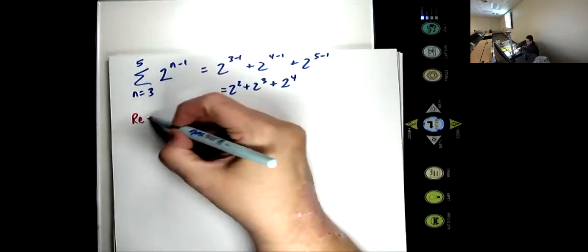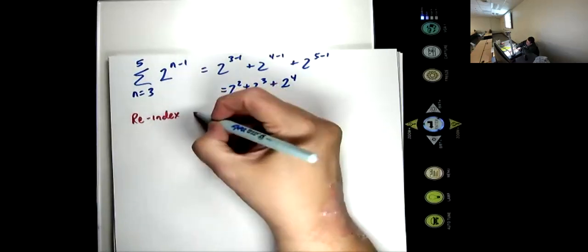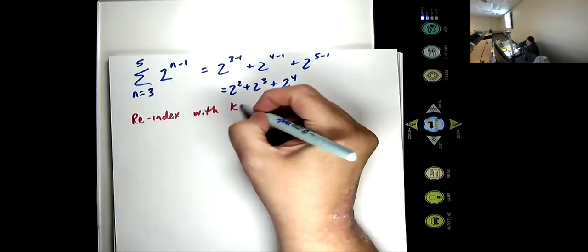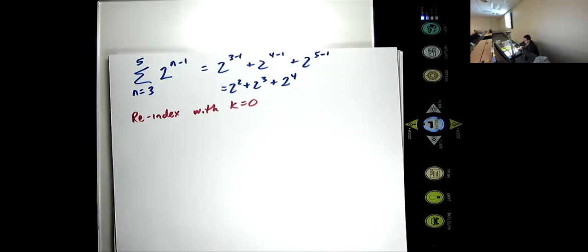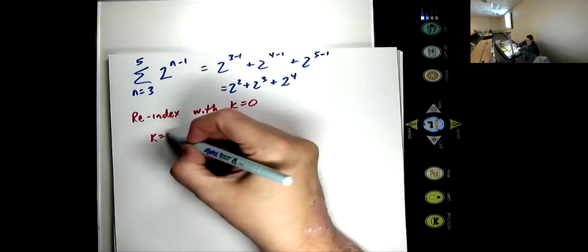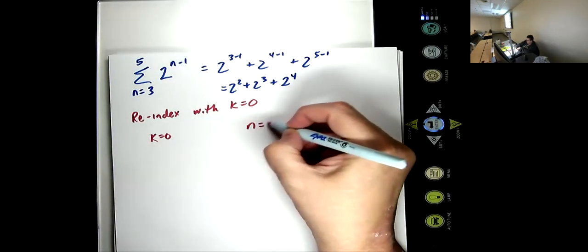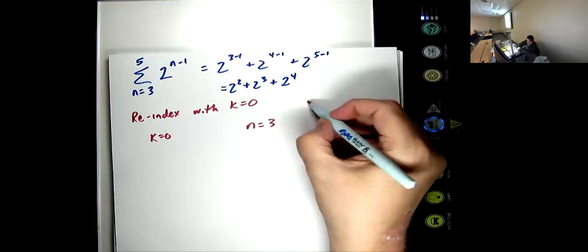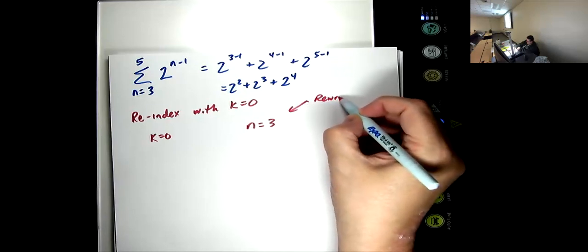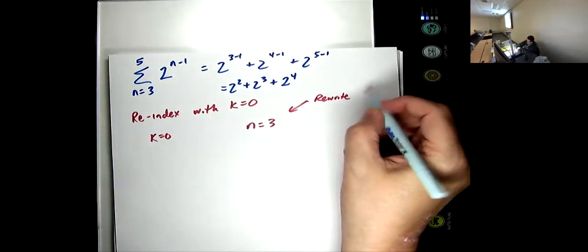So let's re-index with k equals 0. Here is an easy way to go about doing this. I've got k equals 0 and I've got n equals 3. I want to rewrite this so that the right side equals what k equals.